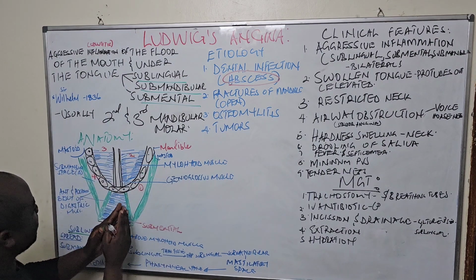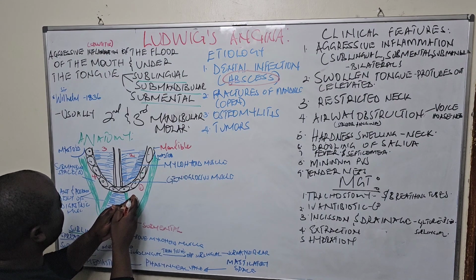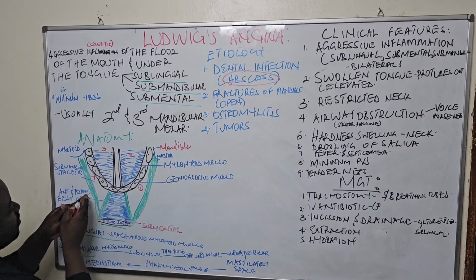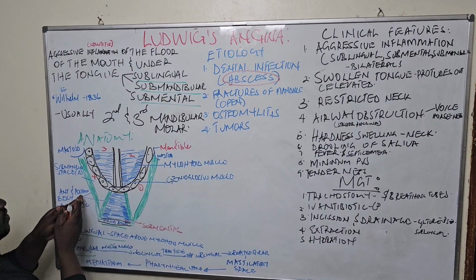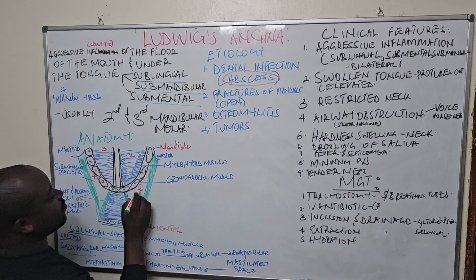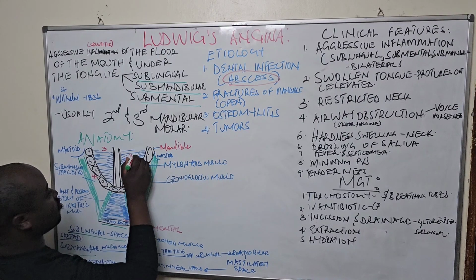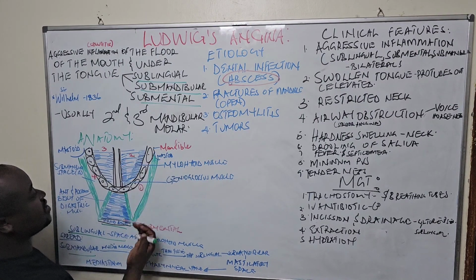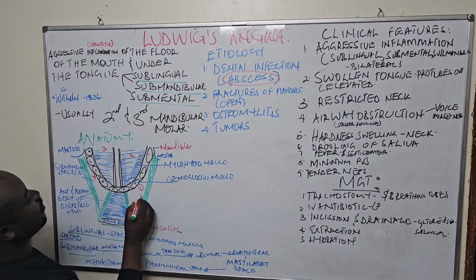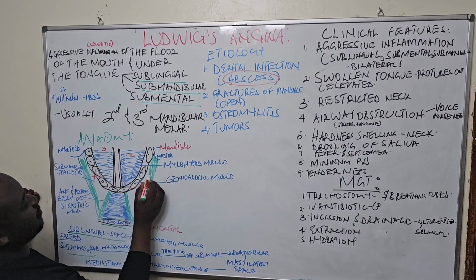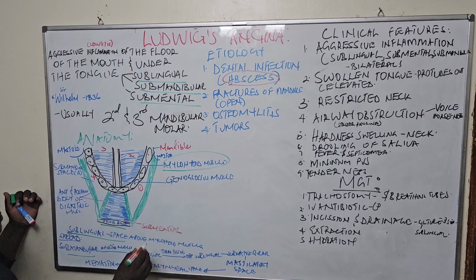Then from the submandibular on the left to the submandibular on the right, it will easily move from one to two, because there is easy communication from the submandibular space to the sublingual space through the mylohyoid muscle.